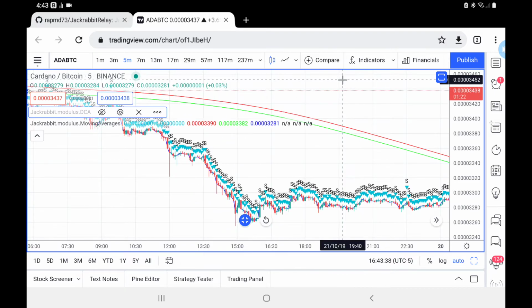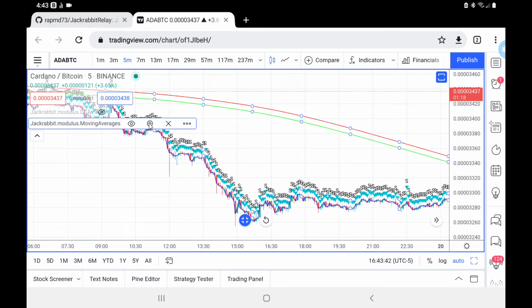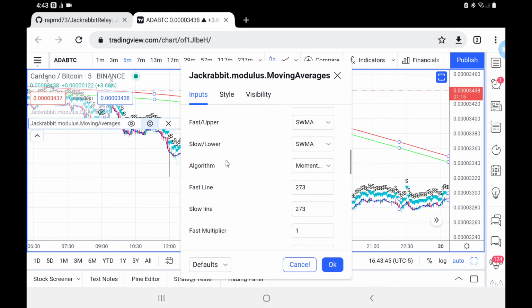Wrong module. I'm using a sine-weighted moving average though with this one, and it is more responsive to market polarity.